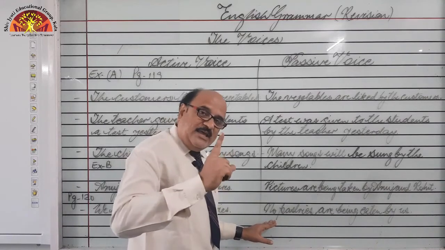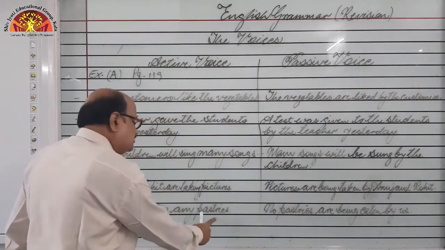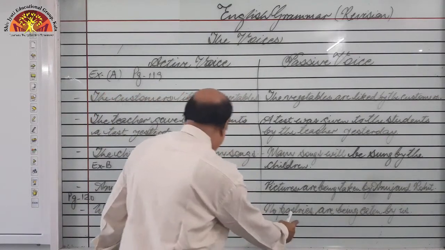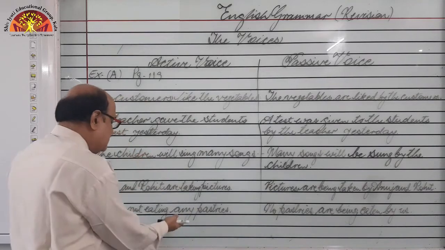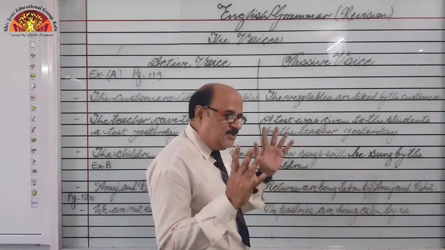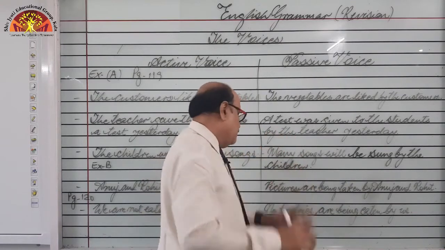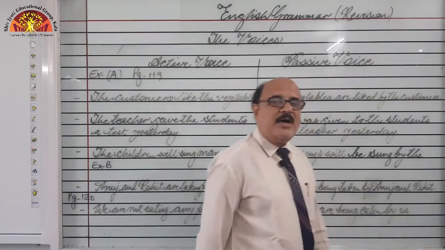Not plus any is always changed into no, right? So any pastries will be changed into no pastries. Are remains as it is, and ing form is there. I told you the word being is to be used to remove ing form, and we have to use third form. So no pastries are being eaten by us.